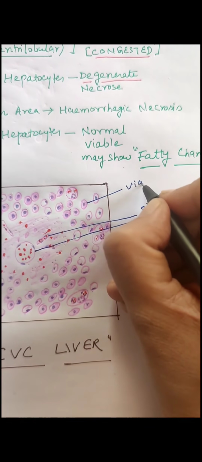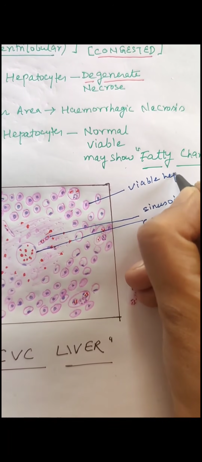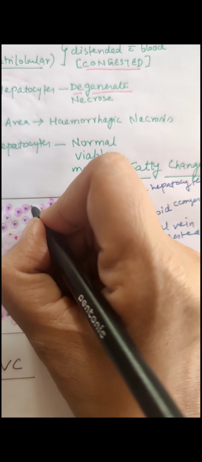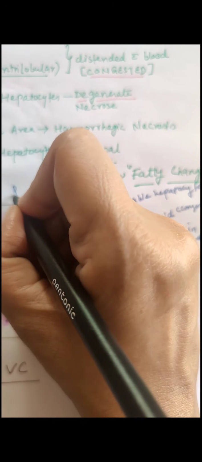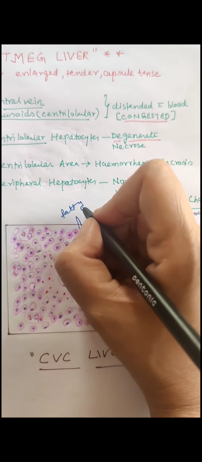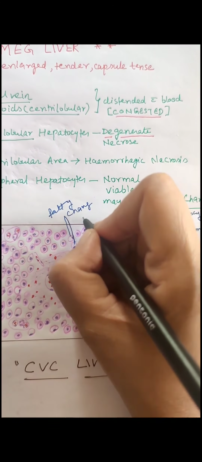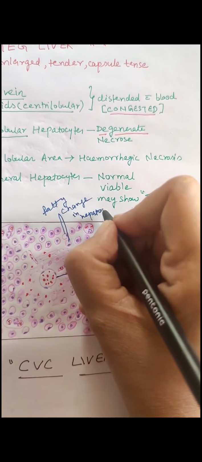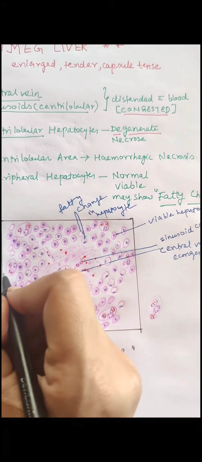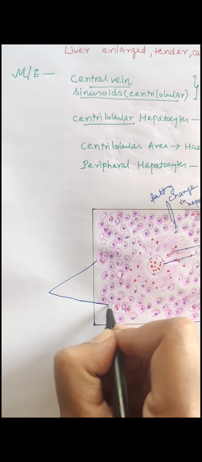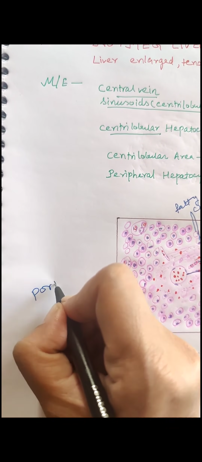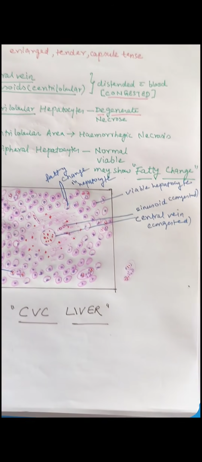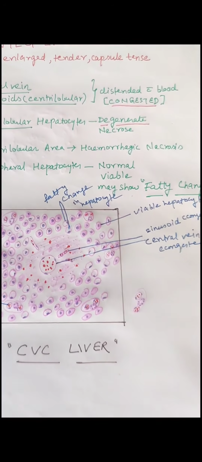These are the viable hepatocytes which are seen in the peripheral region, in the outer zones, and this is the hepatocyte showing the fatty change. And these are the portal tracts in the hepatic lobule. So this is how we draw the diagram of CVC liver.